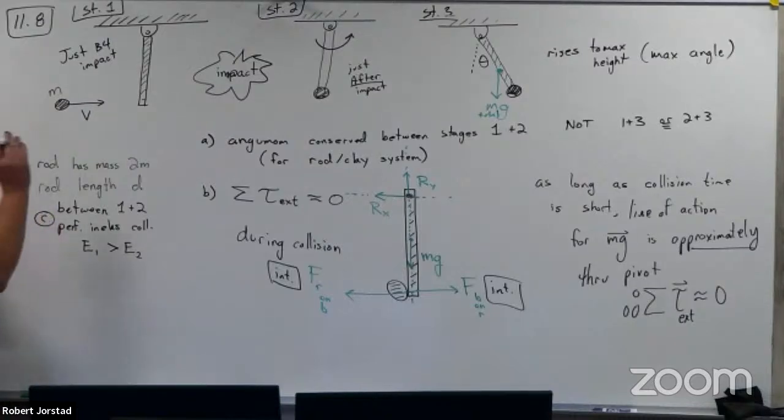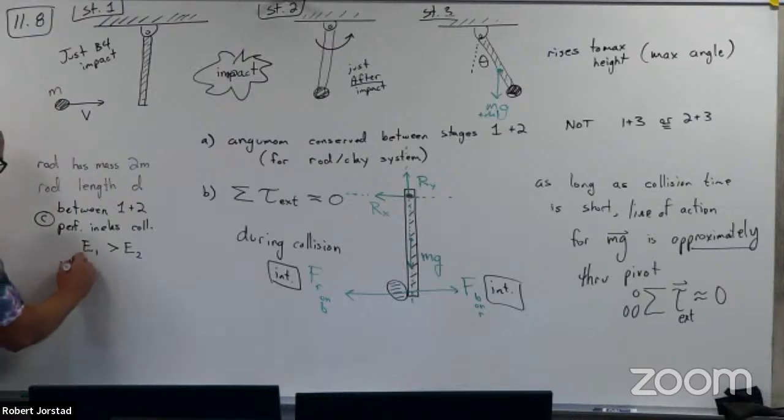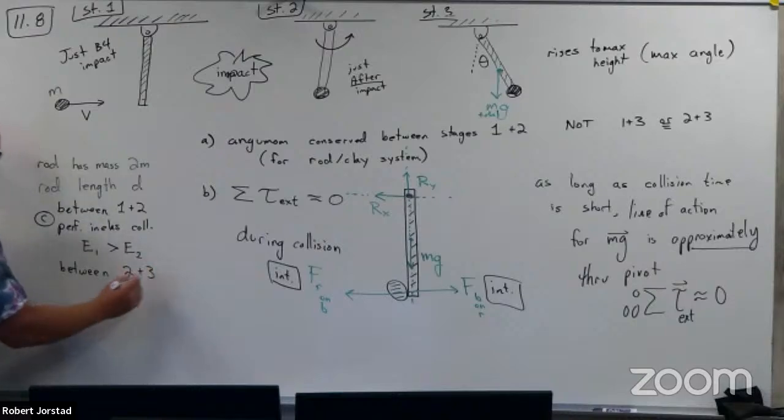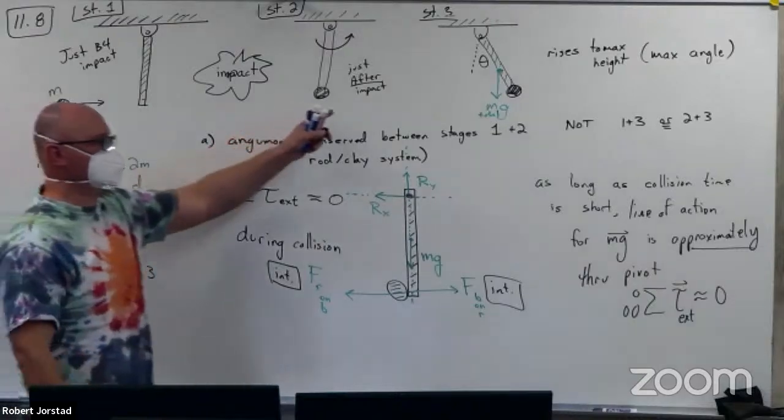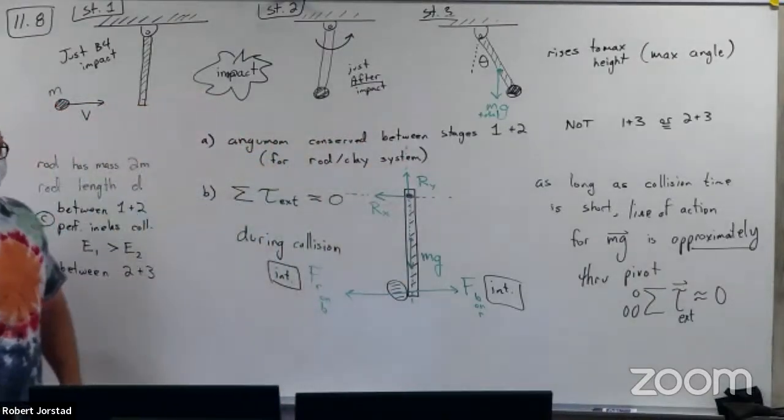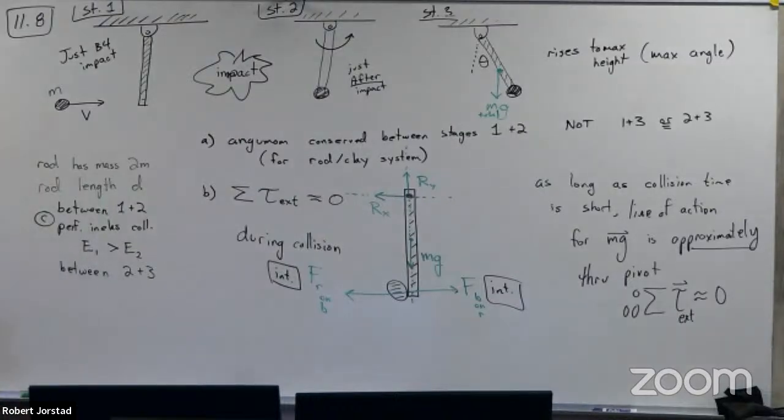How about between stage 2 and 3? Is energy conserved between stages 2 and 3? What do you think? I know this seems like we're spending a lot of time on it, but you've got to get this right or you get the wrong equation and then you get the wrong answer every time.